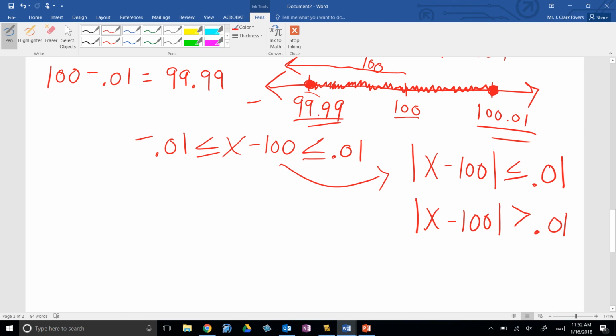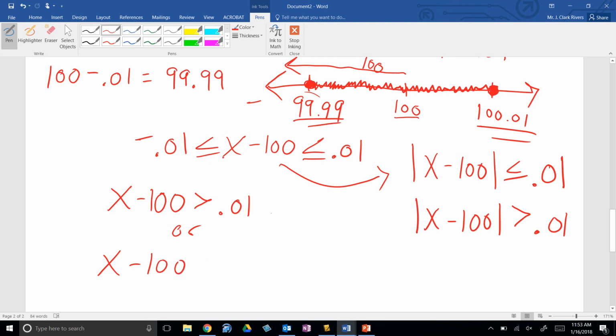Or perhaps you can say, well, what is kind of the opposite of x minus 100 is less than or equal to 0.01? It would be x minus 100 is greater than 0.01. Now this is and, right? So what we want is not and, we want or. So it would be or, and our other inequality is going to be kind of the opposite of this portion here, which is going to be x minus 100.